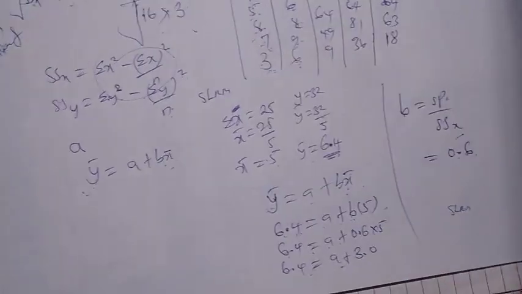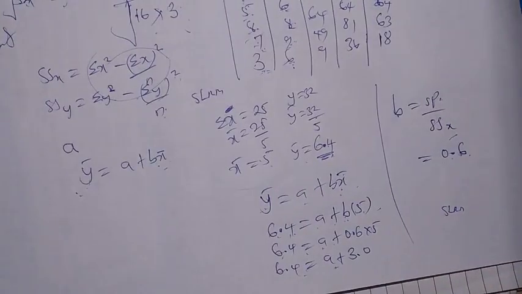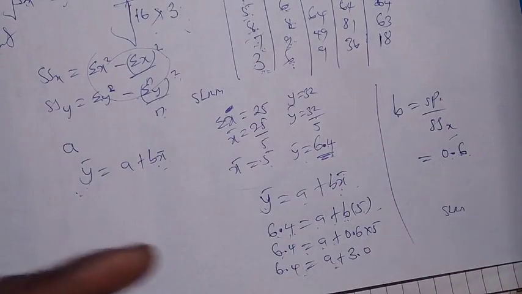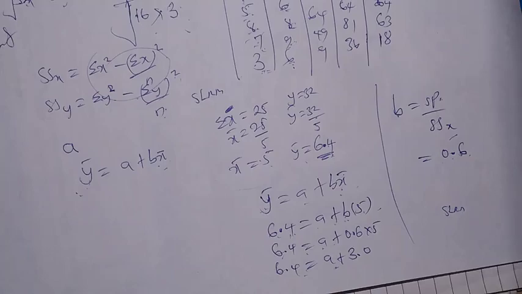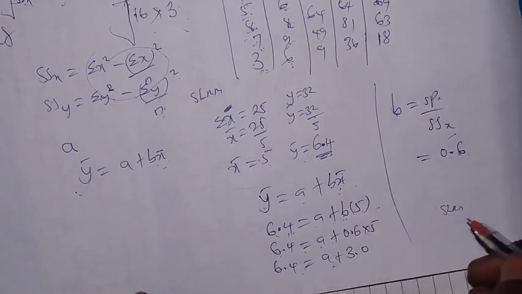It's of course a big deal to compute a multiple regression model manually like this. But a simple regression model is very easy, because it has only one independent variable.